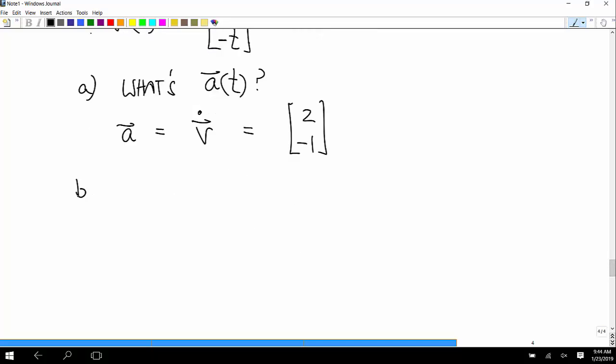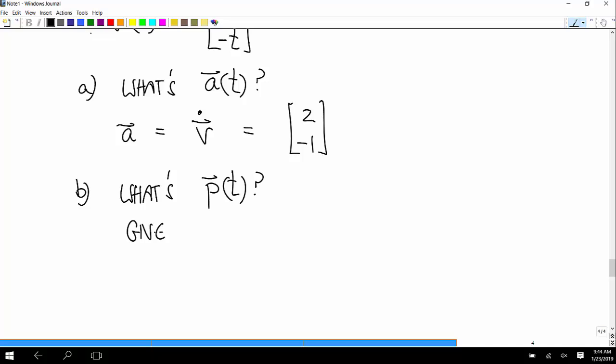But now for part B, if we want to know what the position vector is, we have to be given enough boundary conditions. How many do we need in this case? We're taking one step, and we have two components, so we need a total of 2 boundary conditions, one for x and one for y.